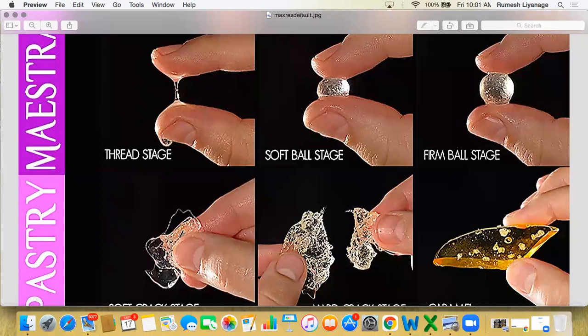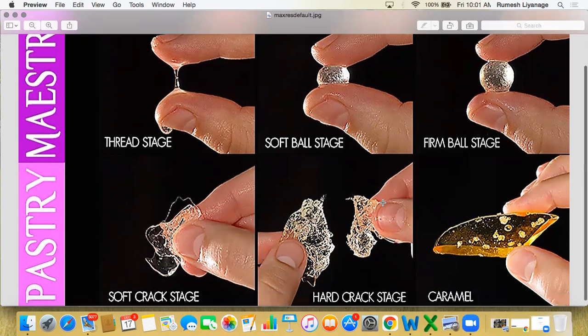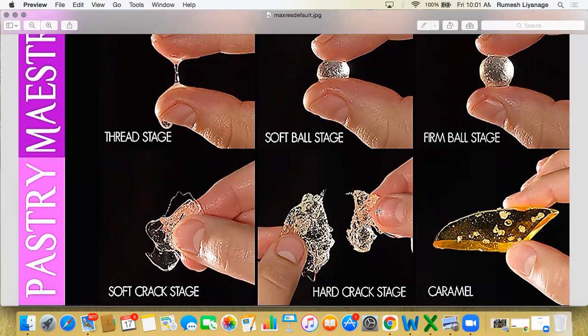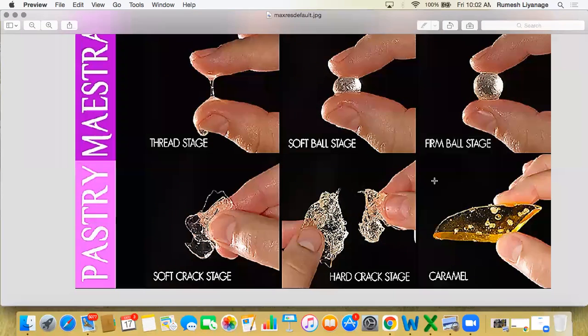Also, you can see the texture differences, the thread stage. You can observe all these things today in these practicals: soft ball, firm ball, and crack stage, soft and hard. There are 2 stages, and finally caramel, and burnt caramel is also available, but caramel is very important. We use it as a flavoring agent and also a coloring agent, right?